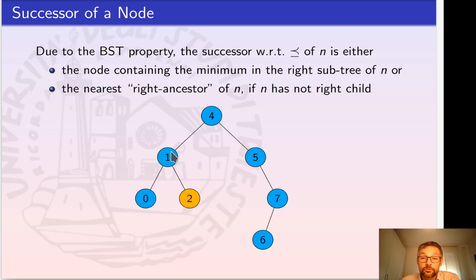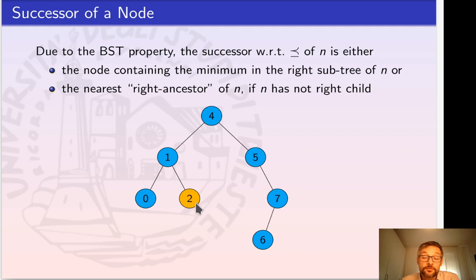So the idea is to go from the node up to the root, moving up on the right until a point in which we can move on the left, and this will be the nearest right ancestor, and this will also be the successor of the value we are dealing with.